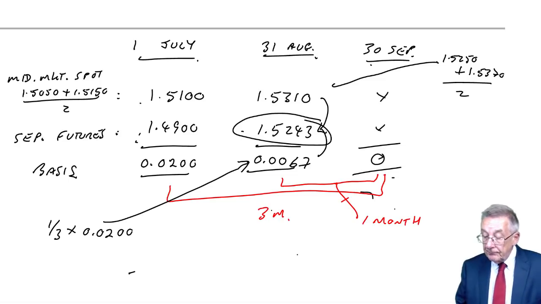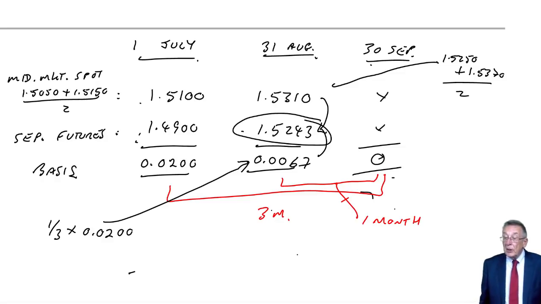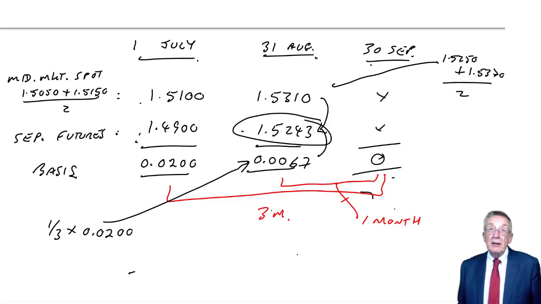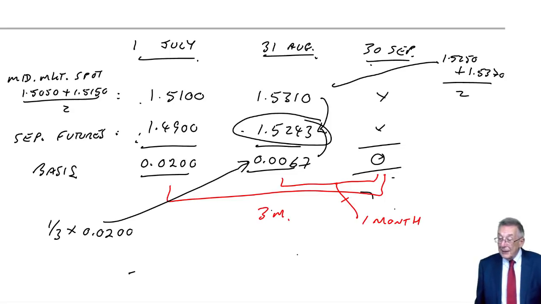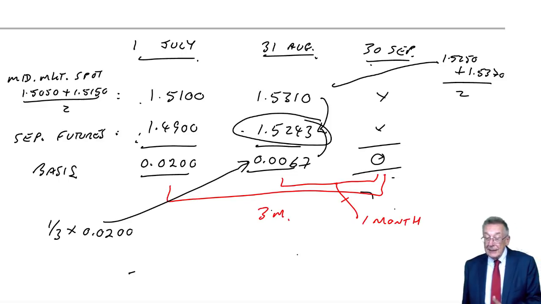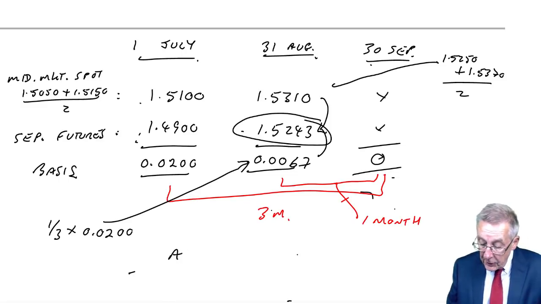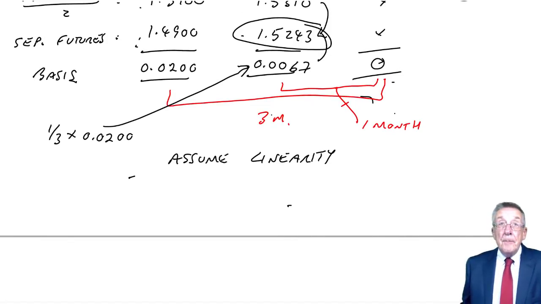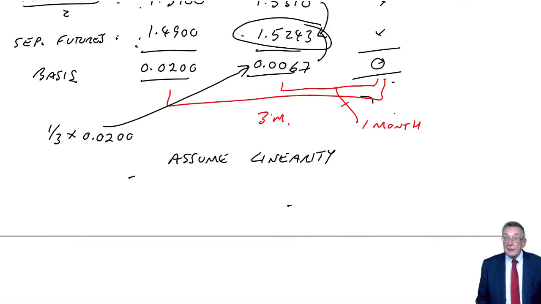Now, just 2 things there. First of all, although the difference will fall to 0 over the life of the future, in real life, it doesn't have to fall linearly. So we assume linearity. But, as I say, it doesn't have to fall linearly in real life. Always in exams assume it's linear.